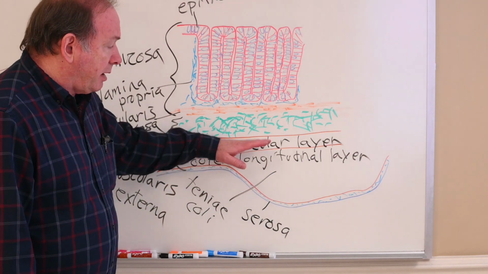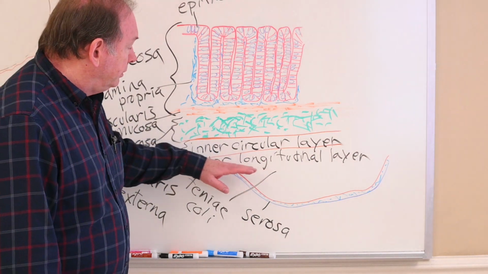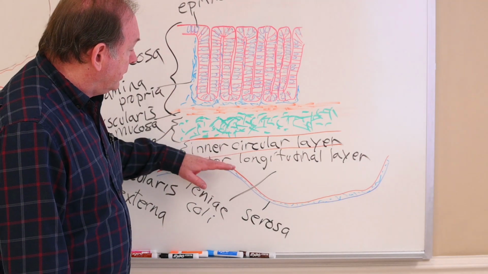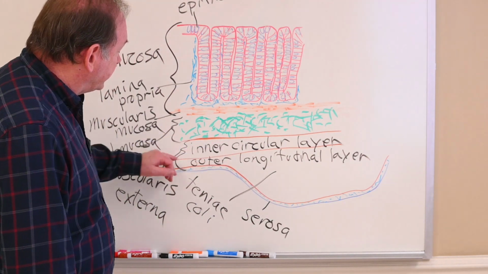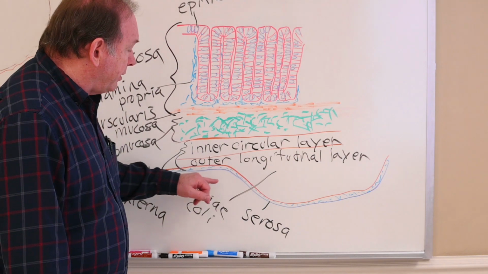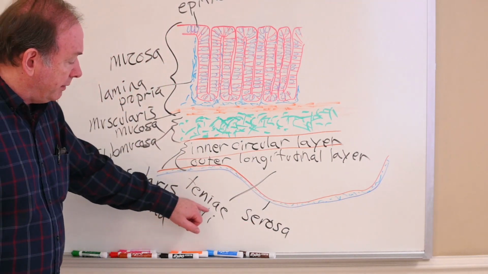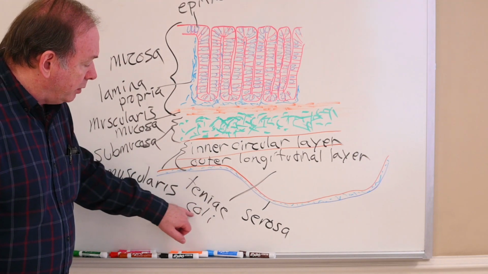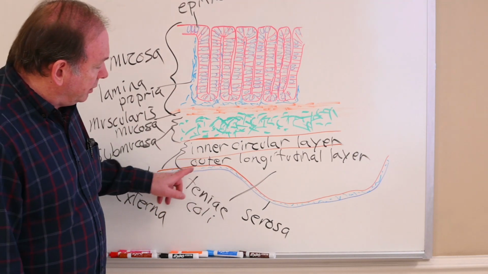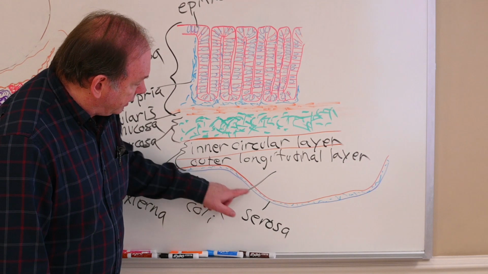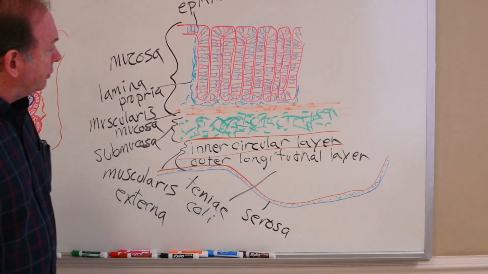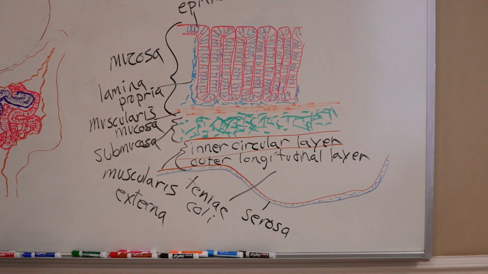So here's our outer layers of smooth muscle, or muscularis externa, has an inner circular layer, an outer longitudinal layer. That thickening of the outer longitudinal layer here will be labeled the tinea coli, and then finally your loose connective tissue and mesothelial layer forming the serosal membrane on the outside.